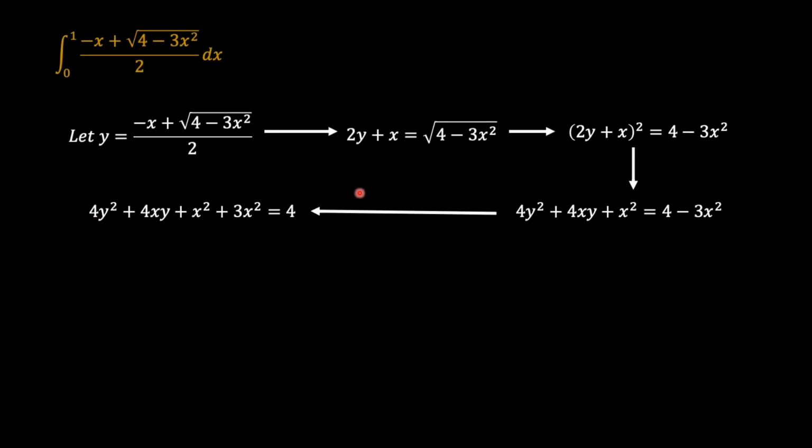So we have 4y squared plus 4xy plus 4x squared equals 4. So we can divide across by 4, and we're left with y squared plus xy plus x squared equals 1. And so this is an equation of an ellipse.